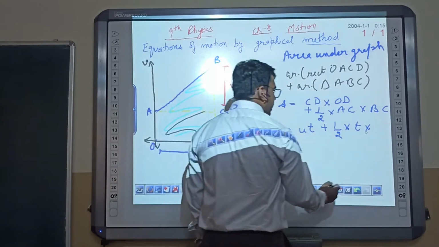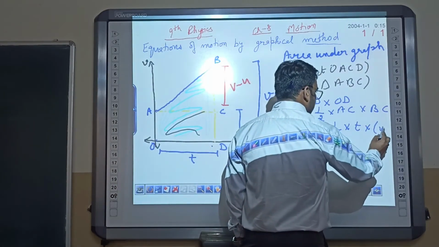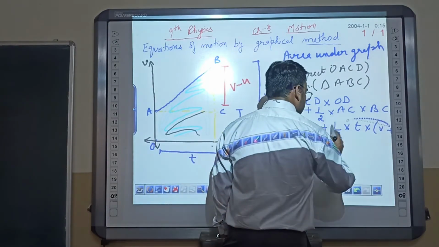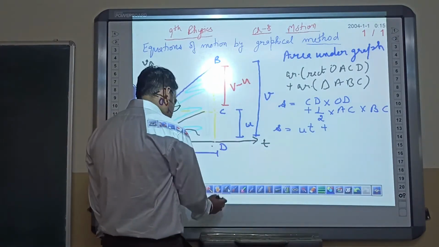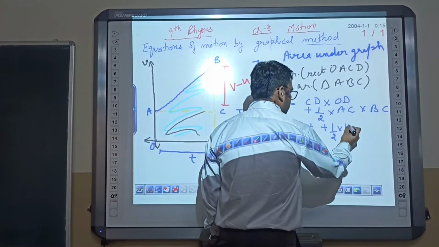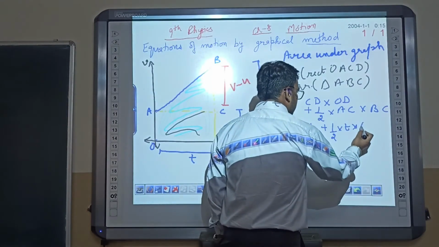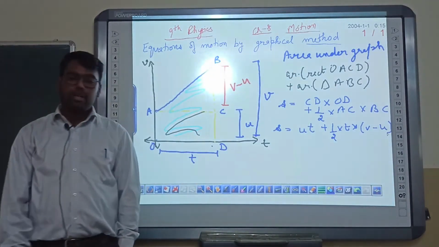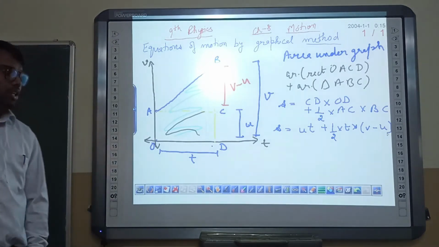BC is V minus U. This is half into T into V minus U. This is our second equation of motion.